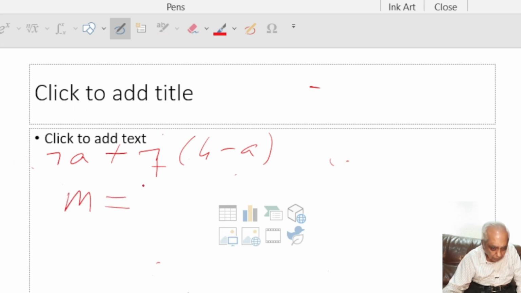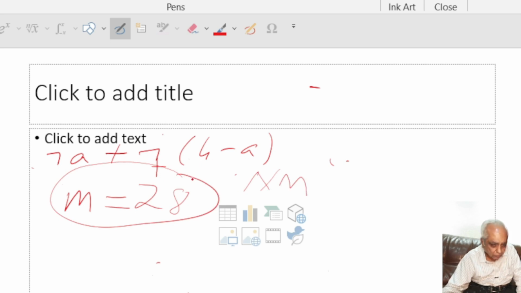So we'll get M equal to 28 because the plus 7A and minus 7A will get cancelled. So I'll get moment as 28, in Newton meter because distance was given in meter and force was given in Newton. So 28 Newton meter is the clockwise moment that will get produced.